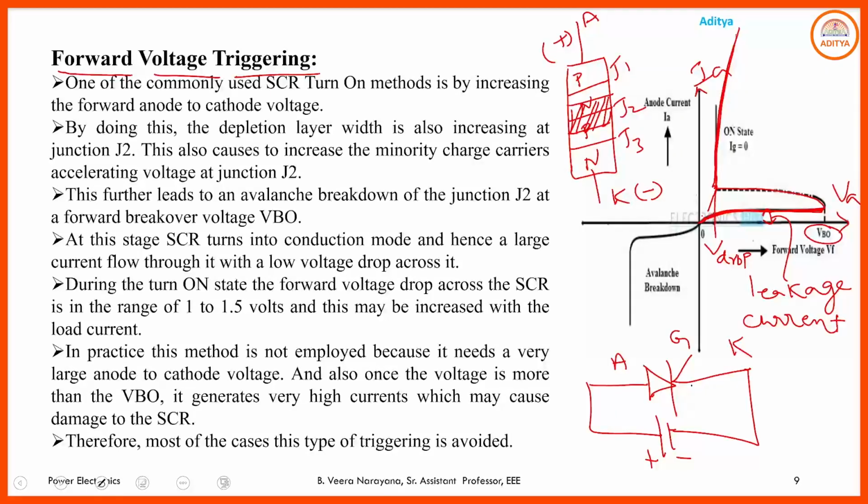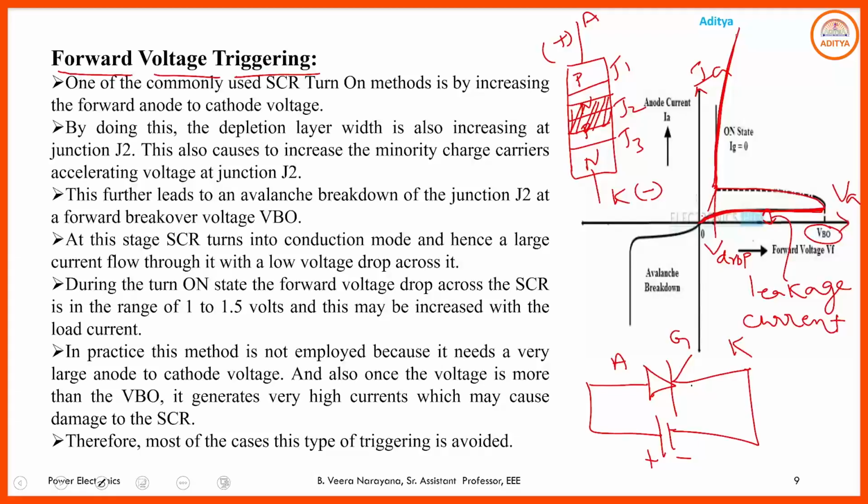But from a practical point of view, sometimes that forward breakover voltage may be greater than, or exceed, the rated voltage of the SCR. Hence for practical applications we never consider this forward voltage triggering method to turn on the SCR. Why? Because all power semiconductor devices have low thermal handling capability.